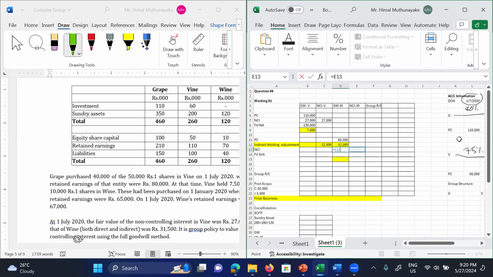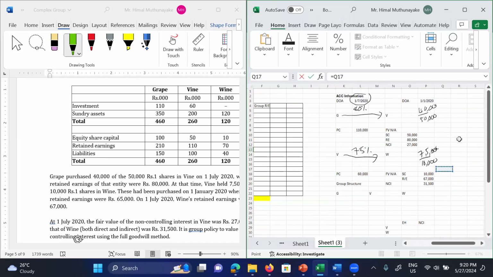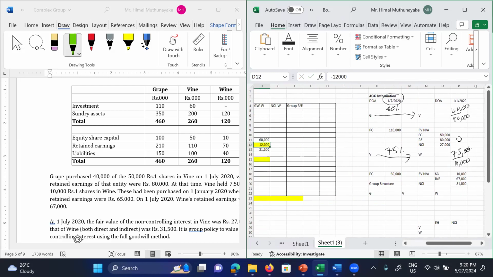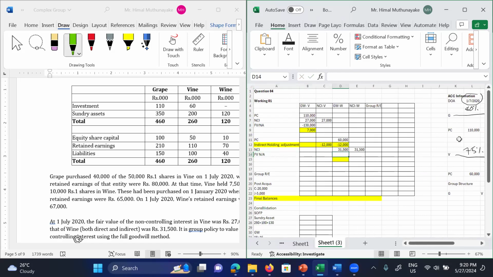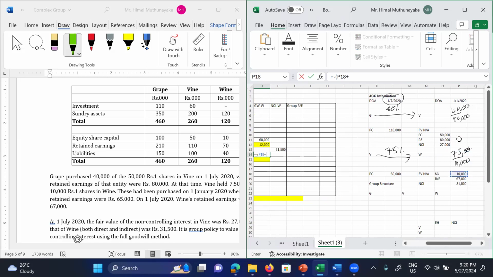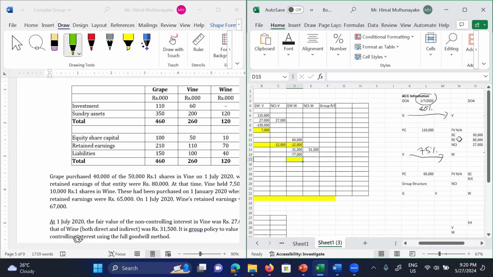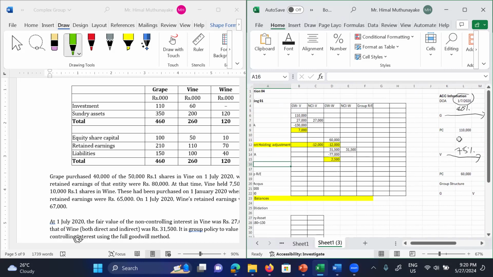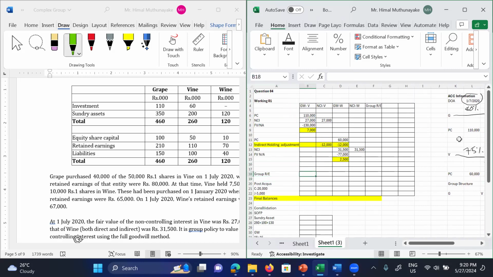The NCI value is given directly, 31,500, right? And the fair value of net assets we get from the information: 10,000 plus 67,000, 77,000. So the goodwill would be 2,500, right?